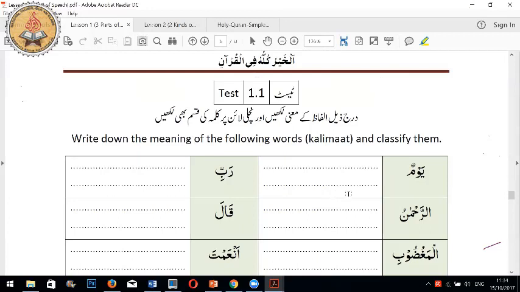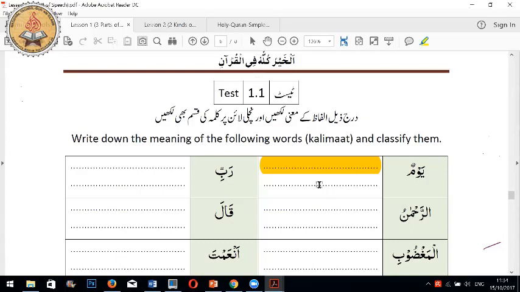So if I start from my right, yawmun. Write down here the meaning: yawmun, day. You will say, okay, yawmun, day, it is not a particle because it is a full, independent word and its meaning is clear.